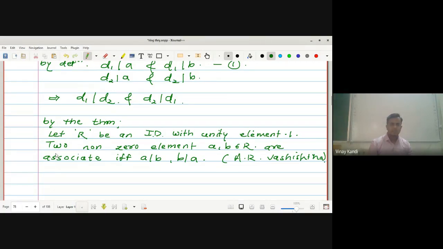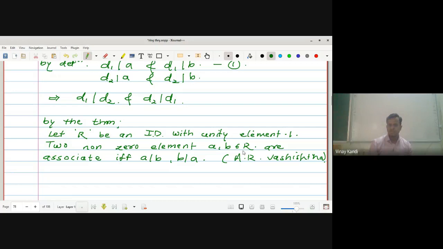Let R be an integral domain with unity element 1. Here R is given as an integral domain, and D1 and D2 are two non-zero elements. Why? Because they are GCDs, greatest common divisors, which means D1 and D2 must be non-zero.